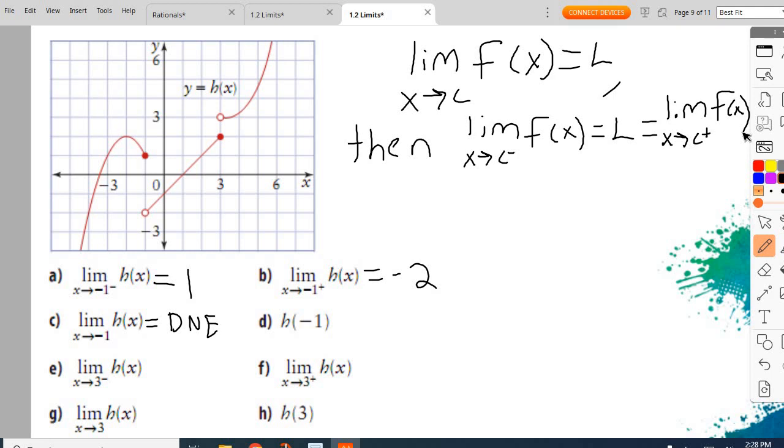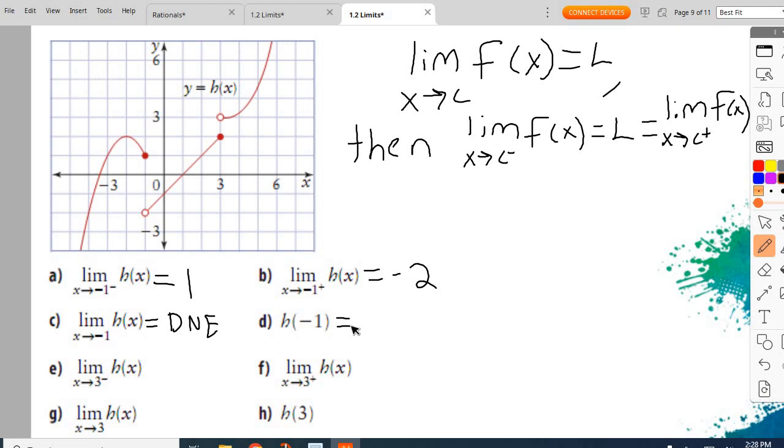Now, what is h of negative 1? Where's our dot? The negative 1. What's my y value? Where's our filled in dot at, sorry, at negative 1? What's that? 1. Do we all see that?